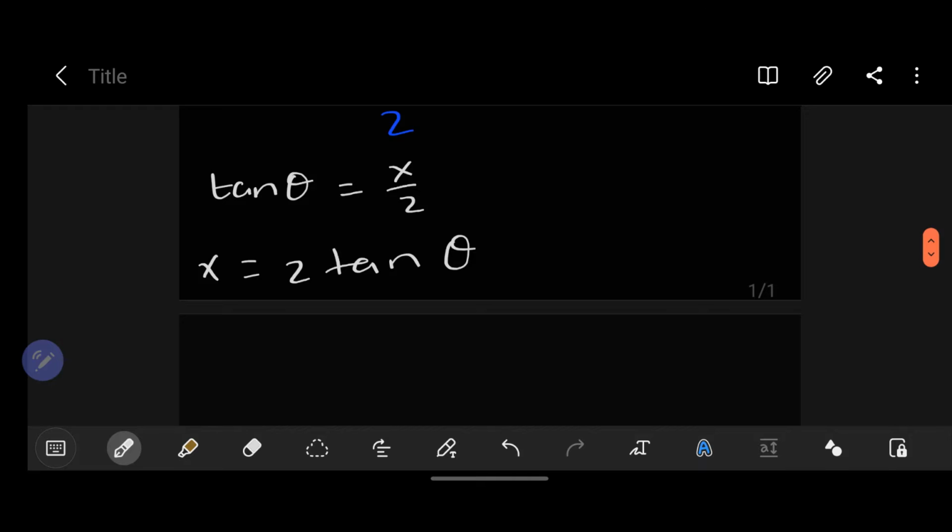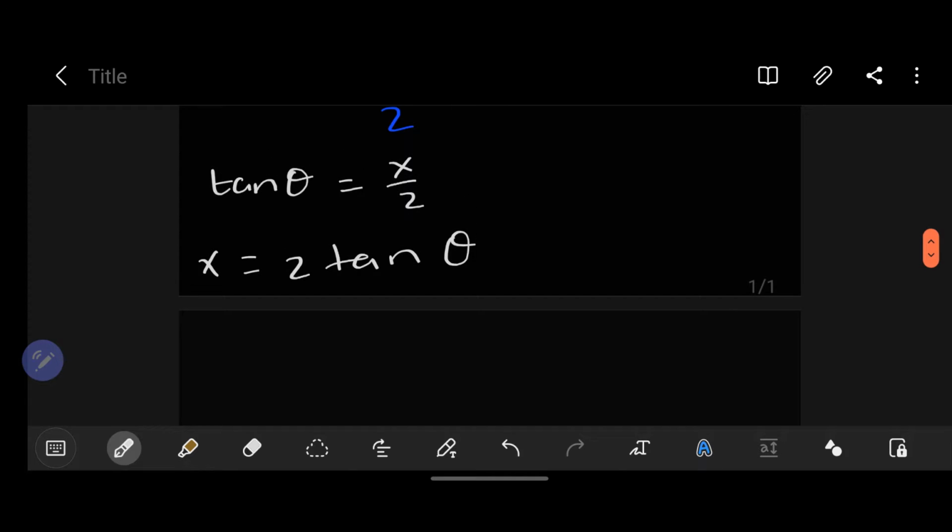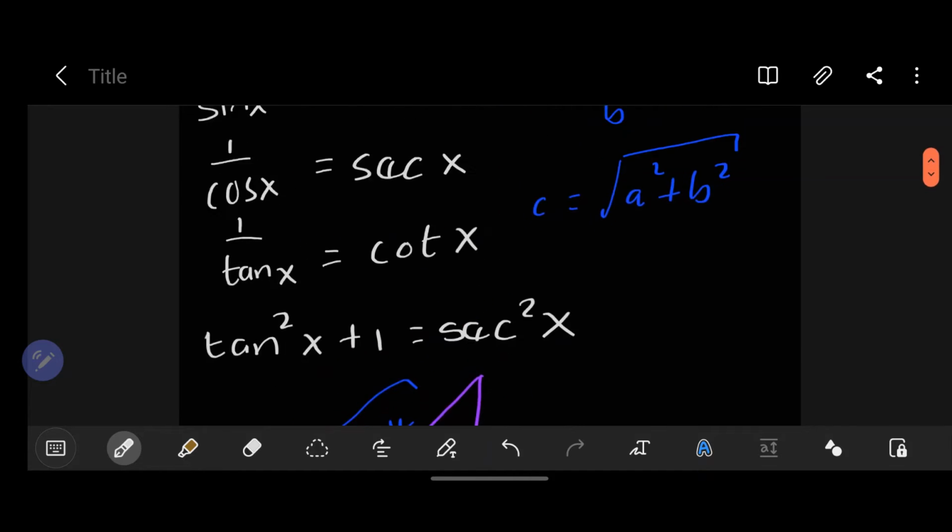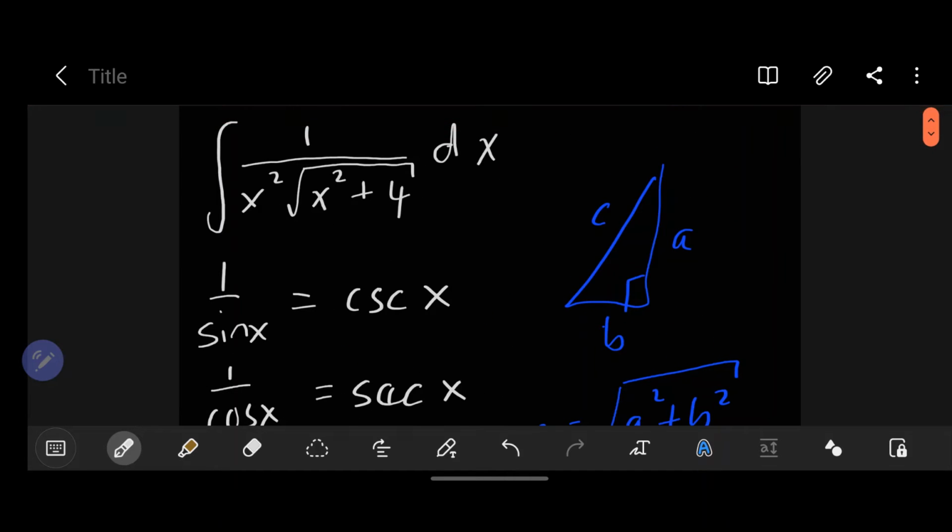So from this we can substitute, wherever there's x, we can substitute 2 tan theta. But before doing that, we need to find dx as well, so that we can have everything in terms of theta. I'll have 2 tan theta here, 2 tan theta here, 4 there, and then here I'll have dx.